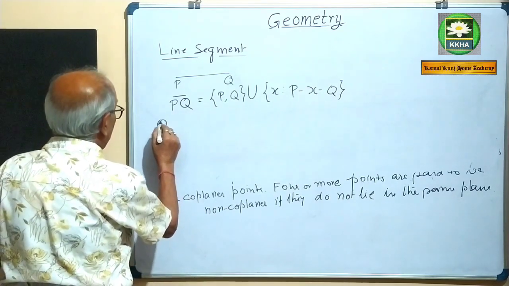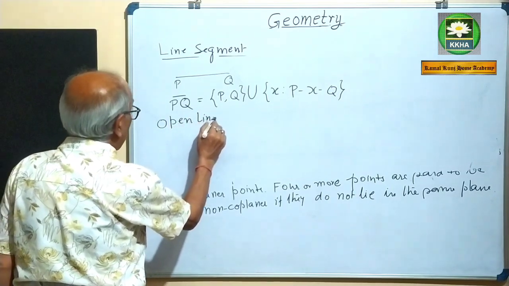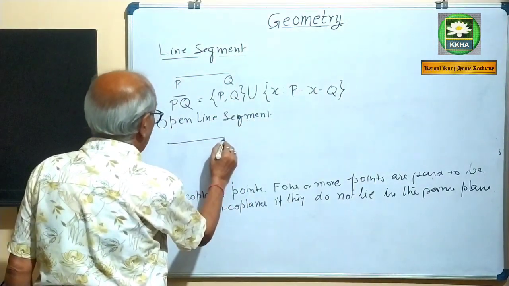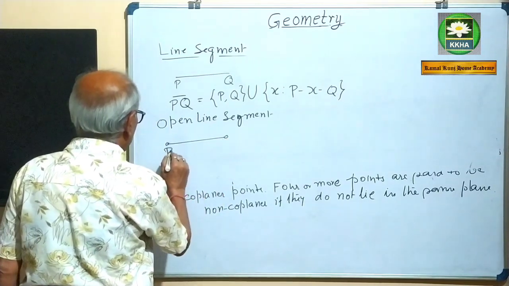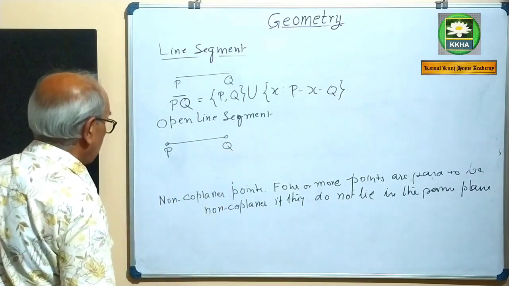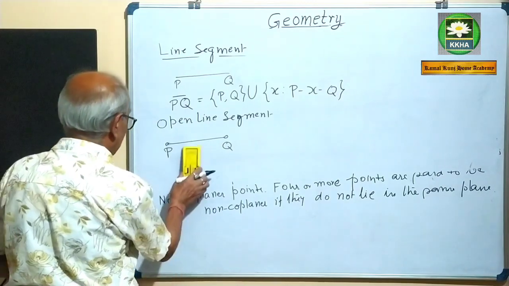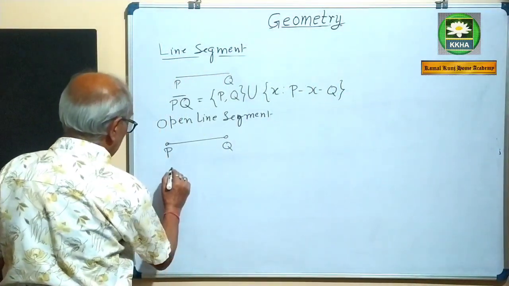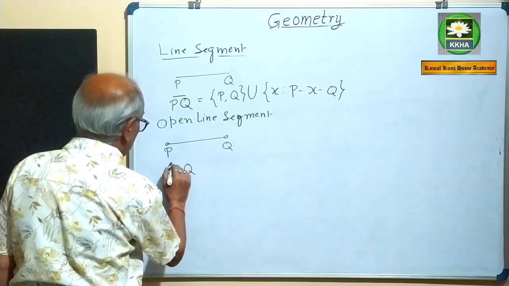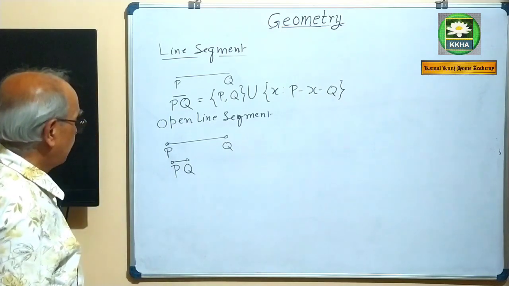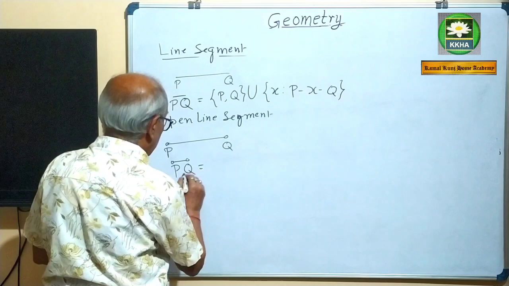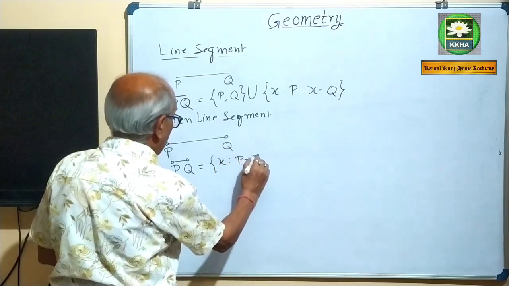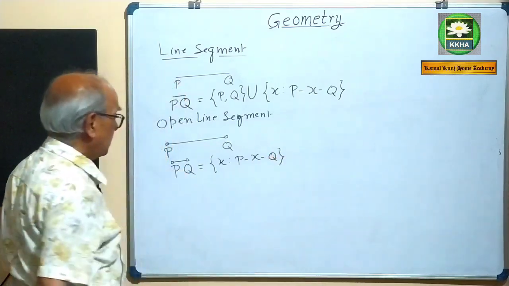What is called an open line segment? Open line segment PQ is equal to the set of all the points between P and Q: {X such that X is between P and Q}. This is an open line segment.